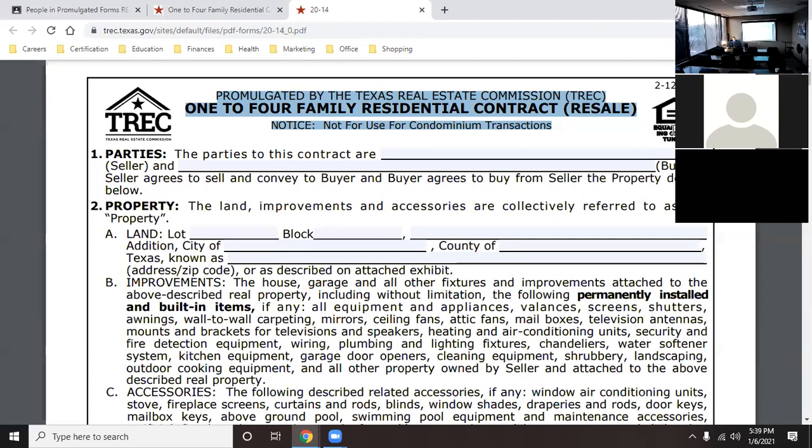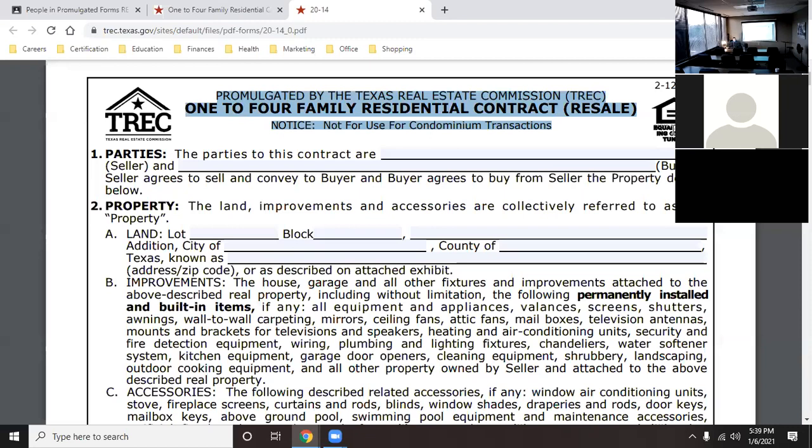So we're not talking about a brand new 1 to 4 family home. We're talking about a 1 to 4 family residential resale home. It means that the property has been owned previously, so it is a resale home.